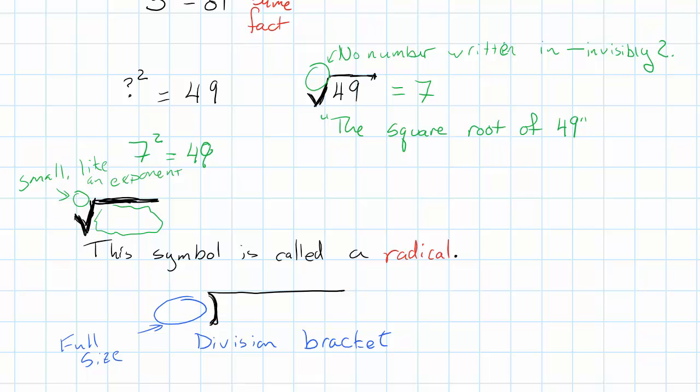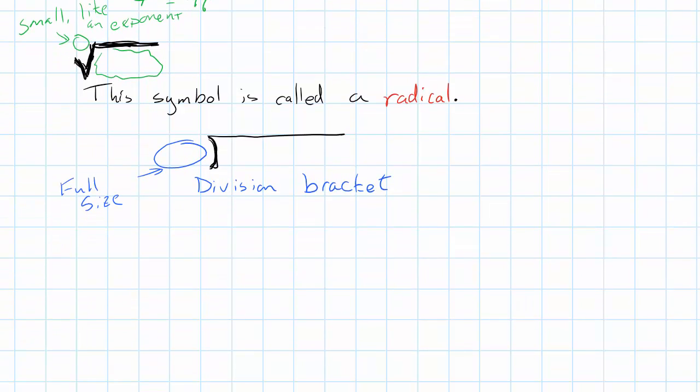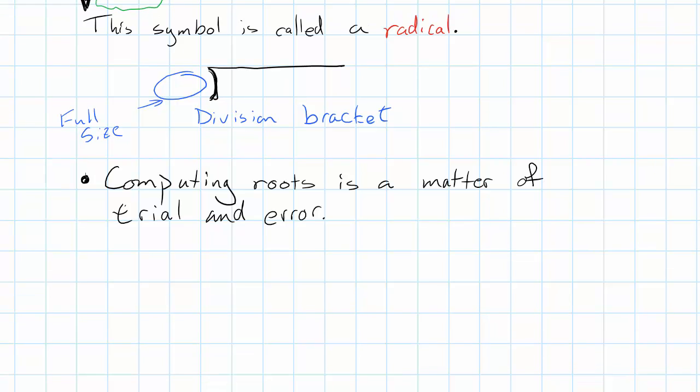Now, how do we actually compute these? Just like division, computing roots is a matter of trial and error. So, for example, if I asked you to find the square root of 225, well, you'd take a guess. The square root of 225 equals what? means what squared equals 225?